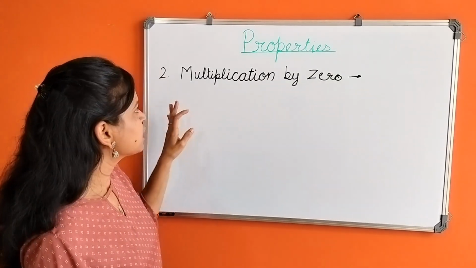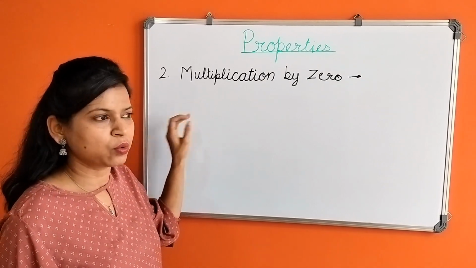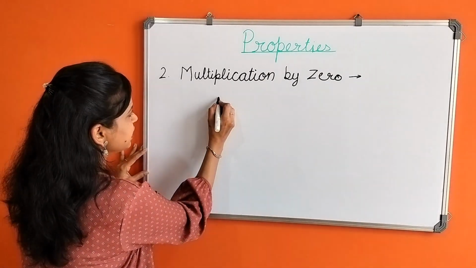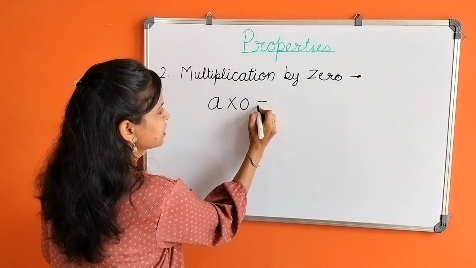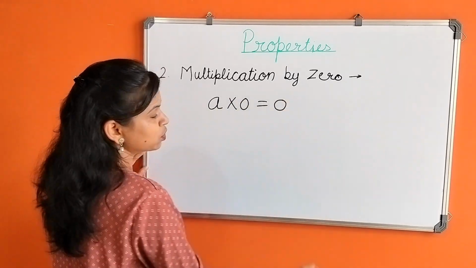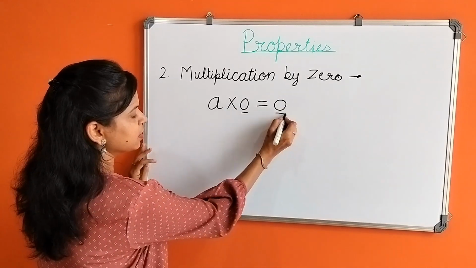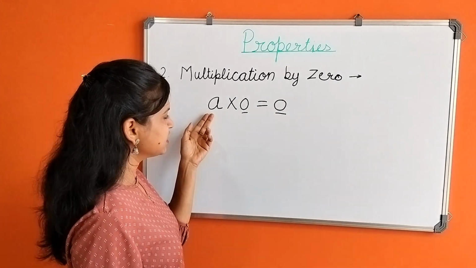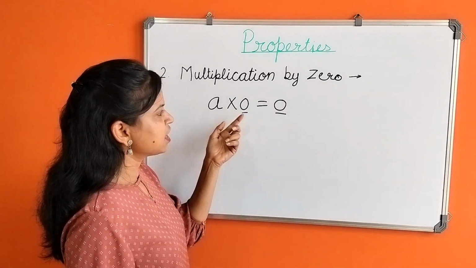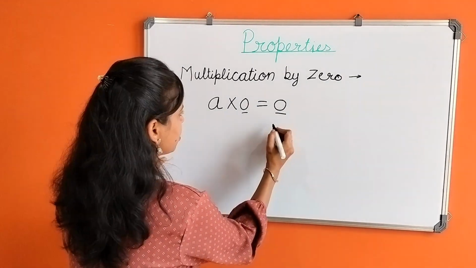Second property is multiplication by 0. When any integer is multiplied by 0, it gives 0 only. For addition, the answer was the same integer, but for multiplication, the answer is 0.